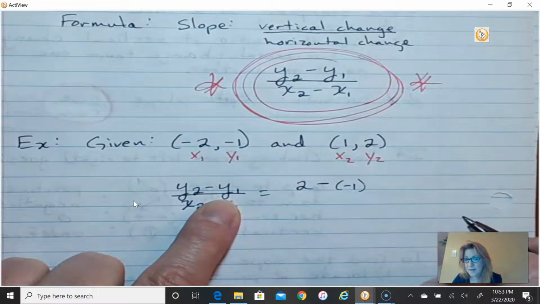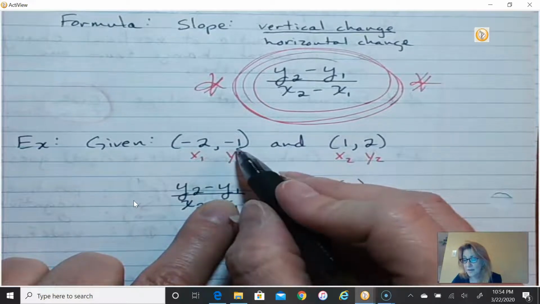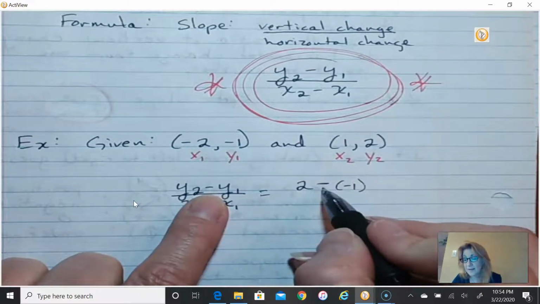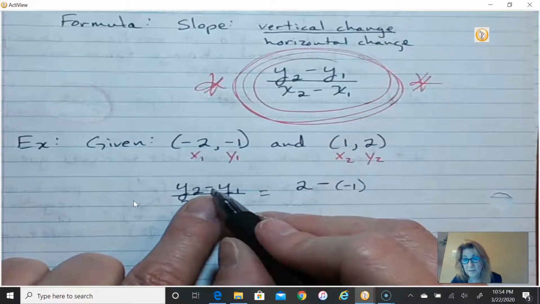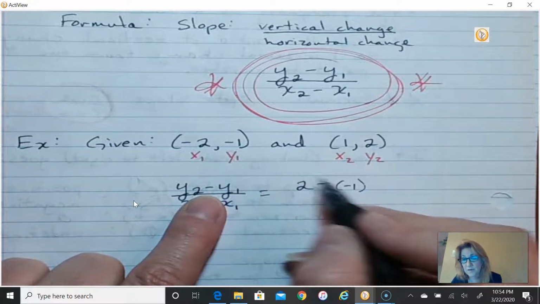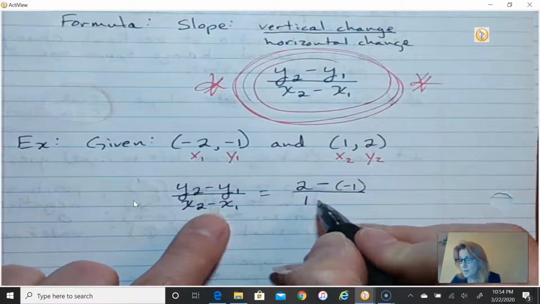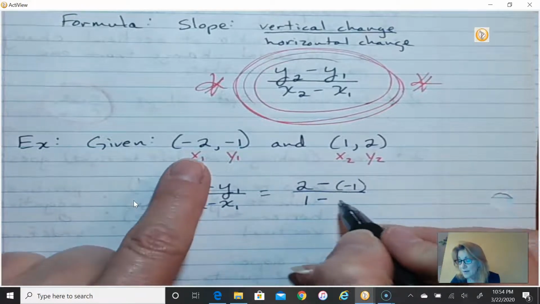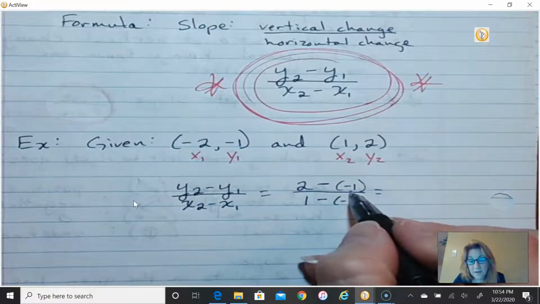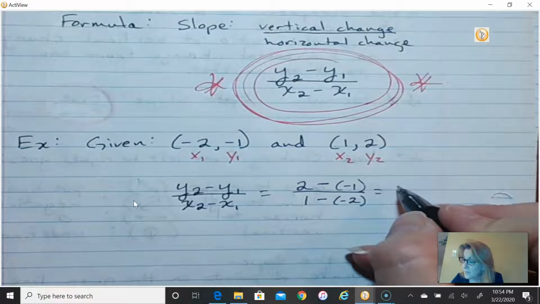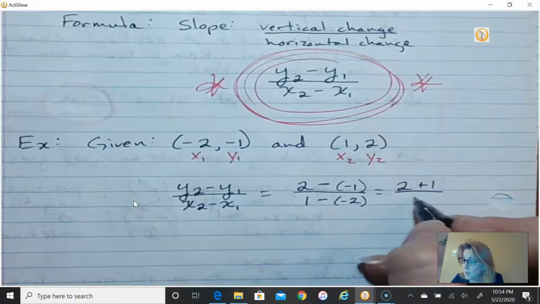Guess what a common mistake is? They just put minus 1 because of that negative 1, but they forget this. It's a minus minus. Negative always goes down there. And then you put whatever is there. x2 is 1 minus, always minus, negative 2. Okay, negative and a negative is a positive. So 2 plus 1, and this is positive, so 1 plus 2.